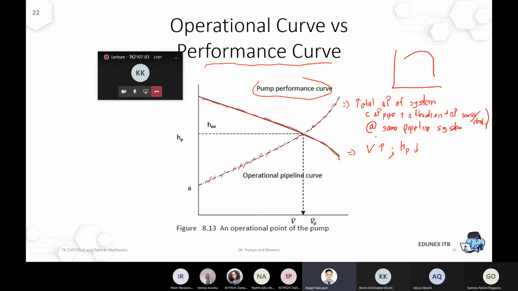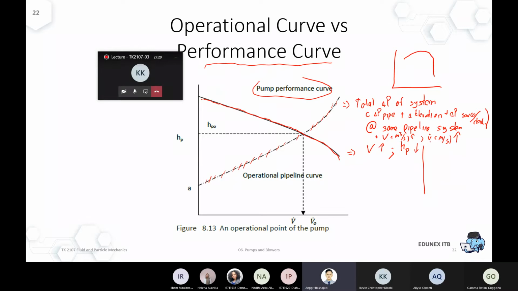Okay, so the order probably starts, I will use V to be consistent. If we increase the cubic meter per second, we will increase the linear velocity because the area remains constant, because the diameter remains constant.